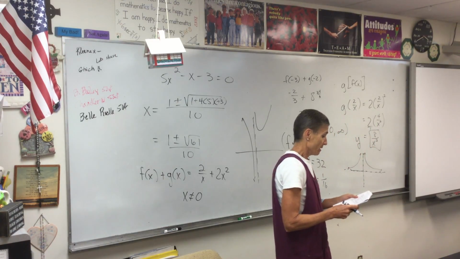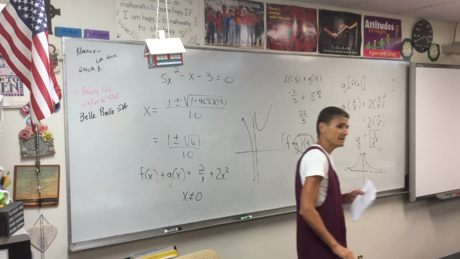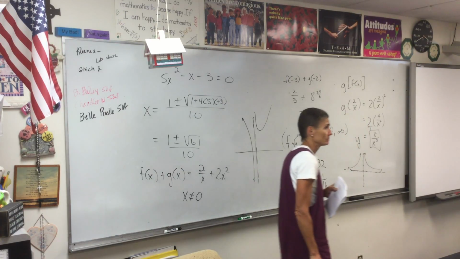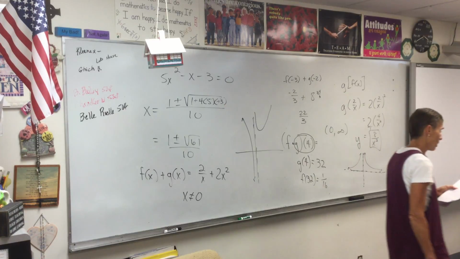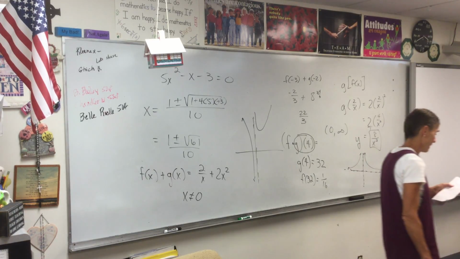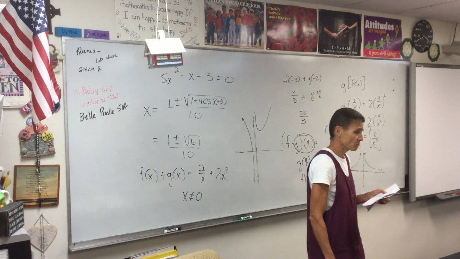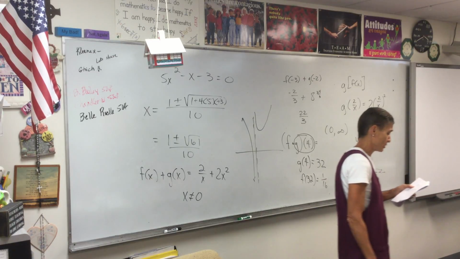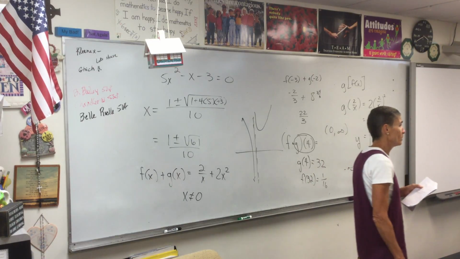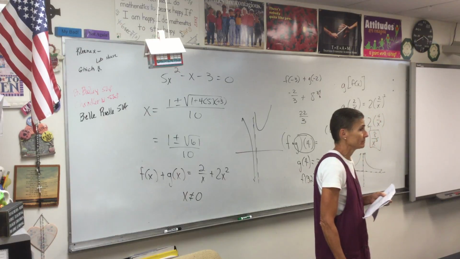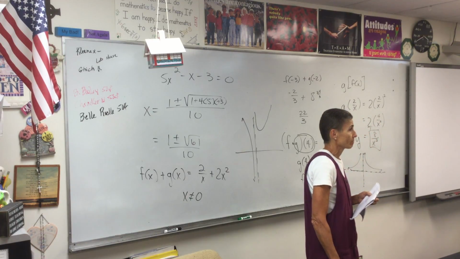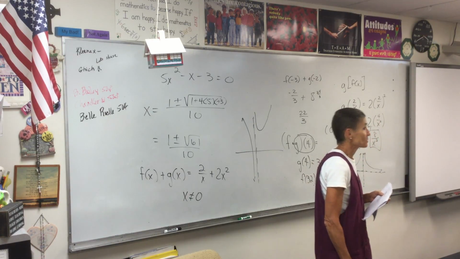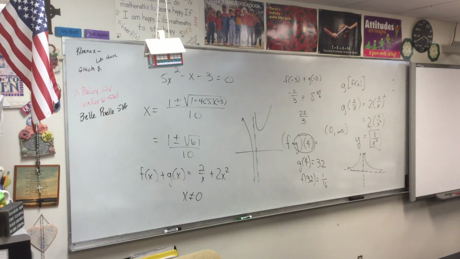Vocabulary. What's it mean to be even? Symmetric about the y-axis. Odd. Symmetric about the origin. A removable discontinuity. That's when you cancel out. So in other words, that's what creates a hole.